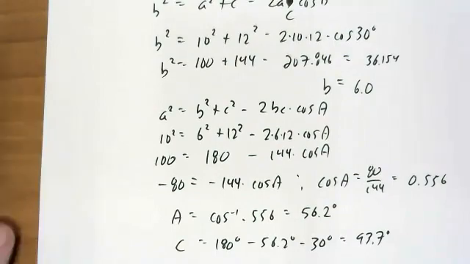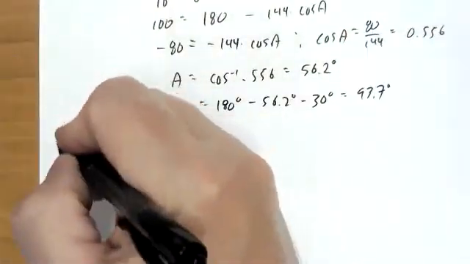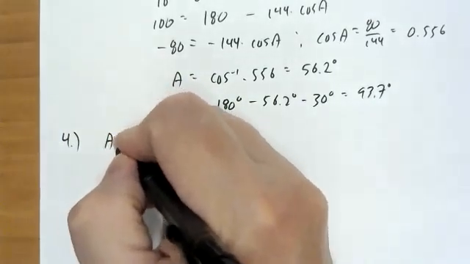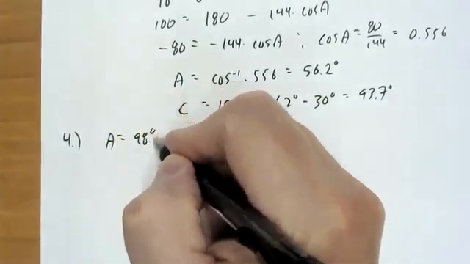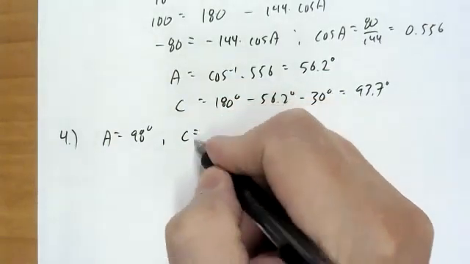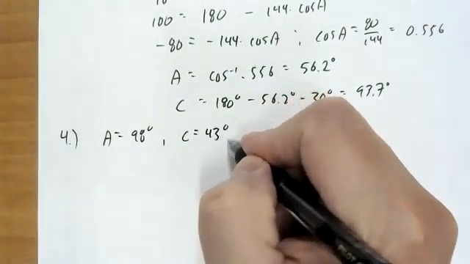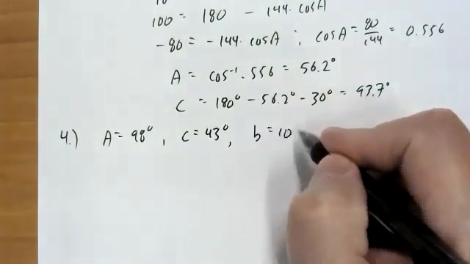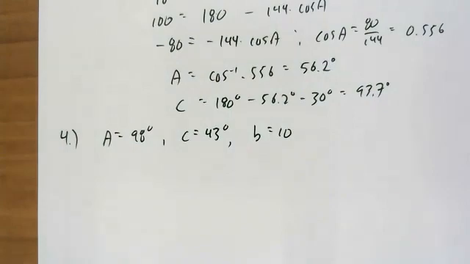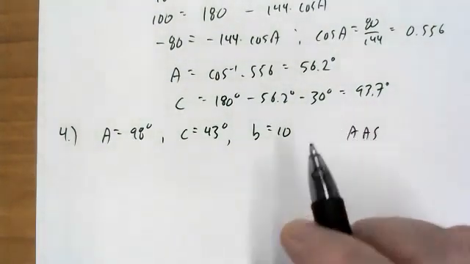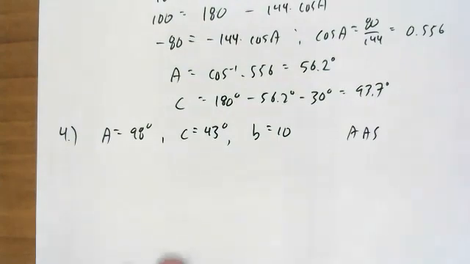All right, continuing on with number 4. A equals 98 degrees. C equals 43 degrees. B equals 10. This looks like another angle, side, which are usually pretty easy to solve.